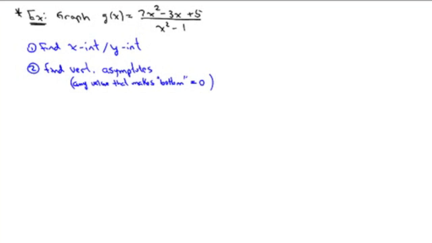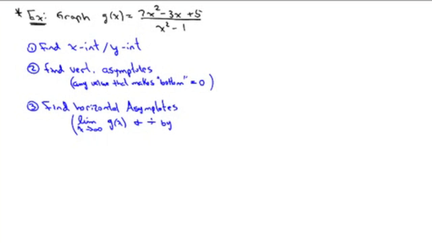Any value that makes the bottom, the denominator, equal to 0, because you cannot divide by 0. That's what gives you vertical asymptotes. 3, find horizontal asymptotes, using the limit as x goes off to infinity of the function and dividing by the highest power.